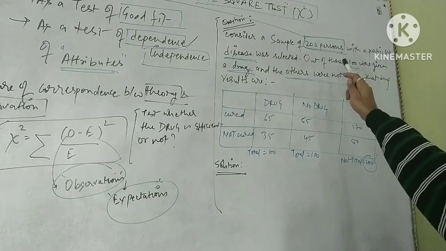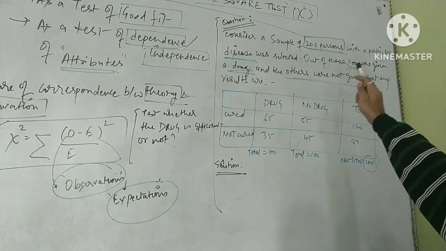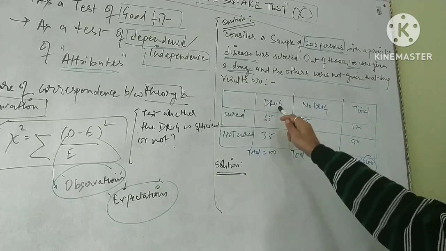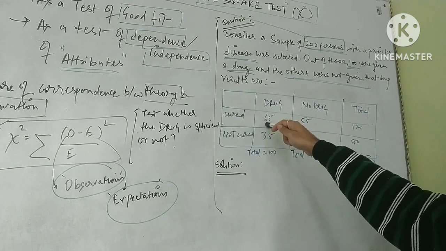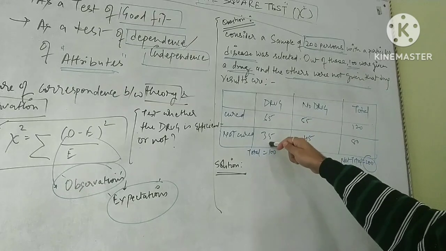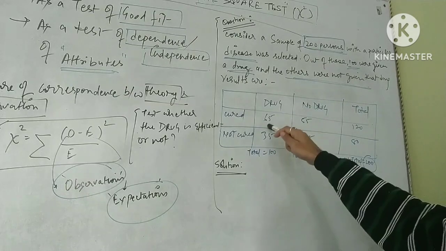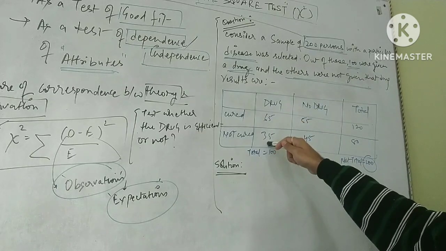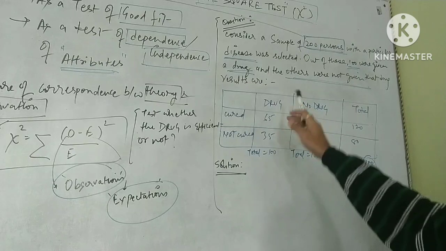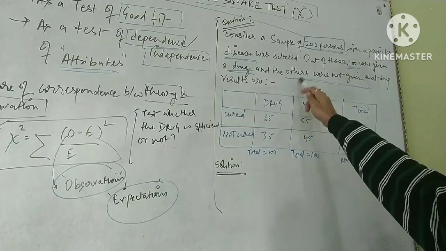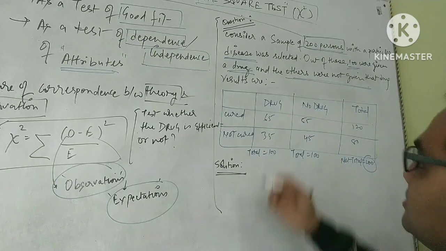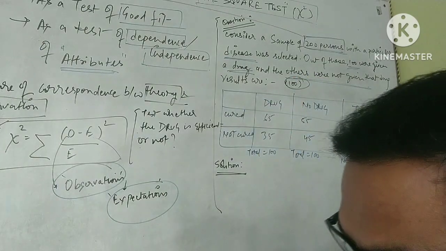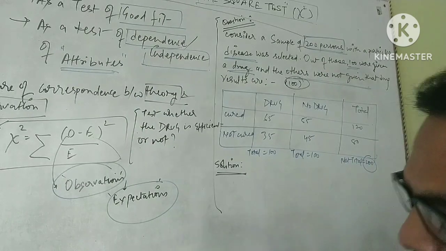Out of the 100 in which the drug was given, 65 persons were cured and 35 were not cured in spite of giving the drug. Among the others, the quantity is also 100, because out of 200 persons only 100 were not given the drug.